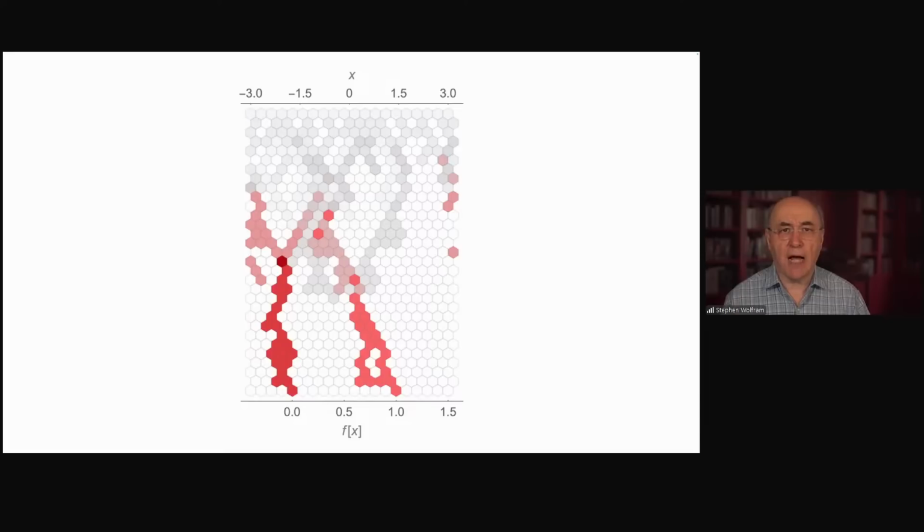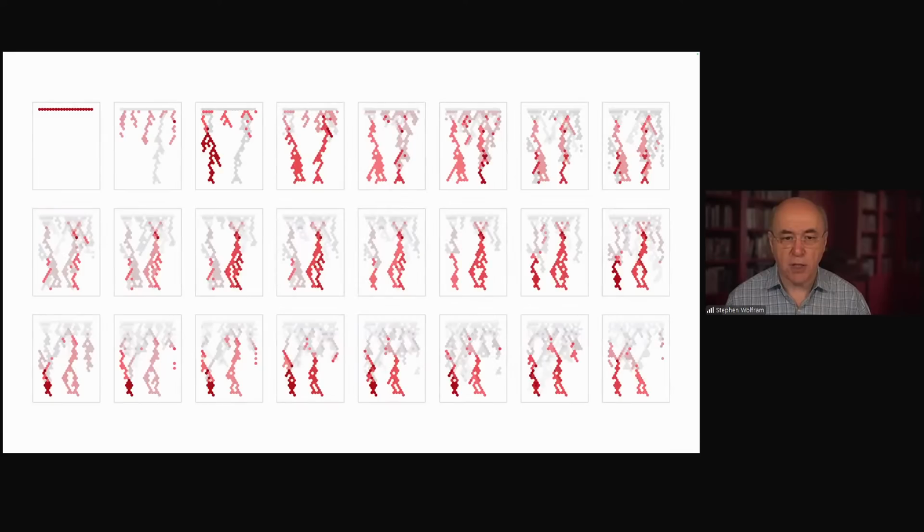This is what happens if we make this plot at each of the successive breakthroughs during training. This is showing how the overall set of excitations of the network gradually correspond better to getting the final function.